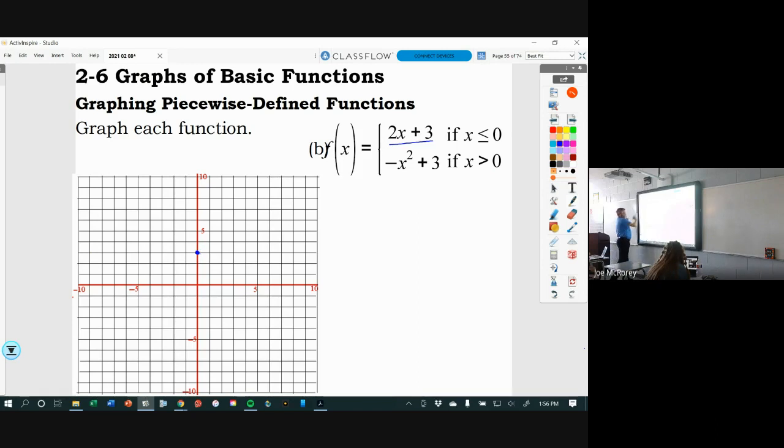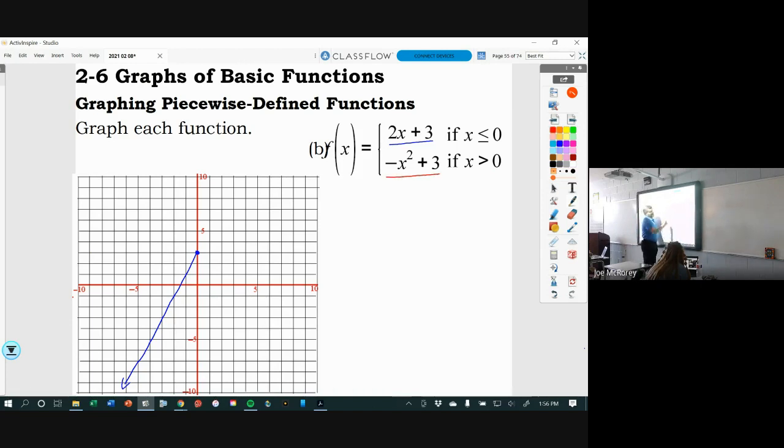And I'm going to go to the left. So down 2, back 1, down 2, back 1, down 2, back 1, and so on, like so. Terrible line. Okay? So that is the line 2x plus 3 when x is less than or equal to 0.